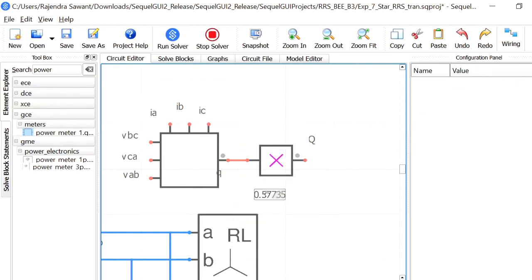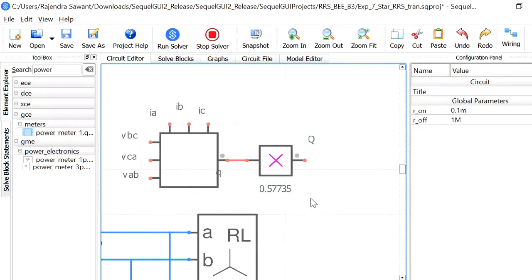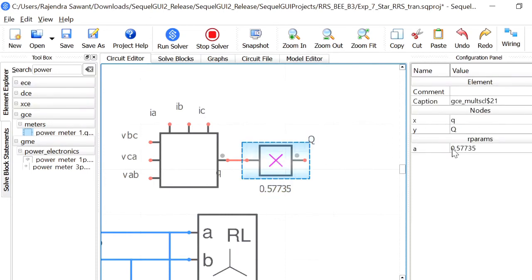This has a scaling factor of 0.57735, and it is a multiplication and scaling block. This can be found from the GCE, general element library. It accepts input as a general variable and output also as a general variable. So it is producing output which is, let's say, Q.